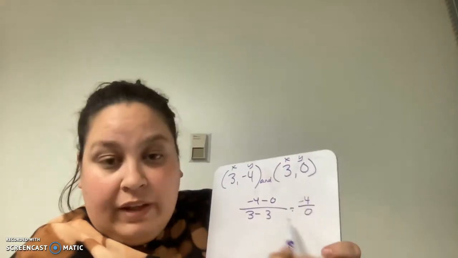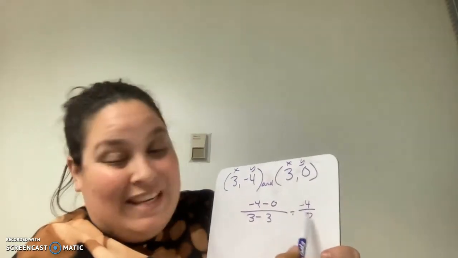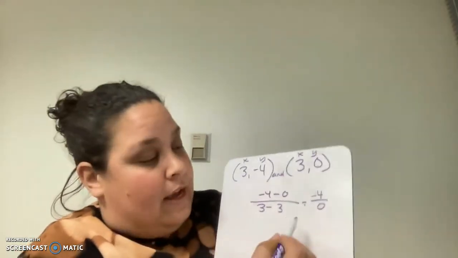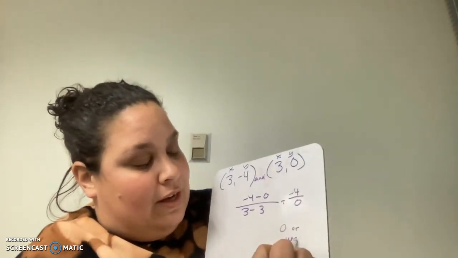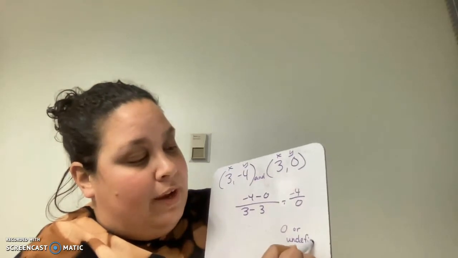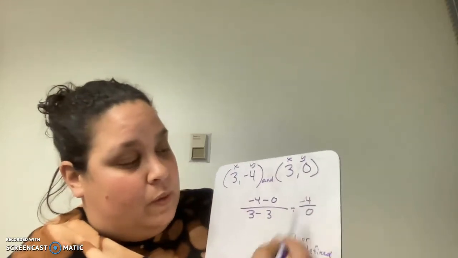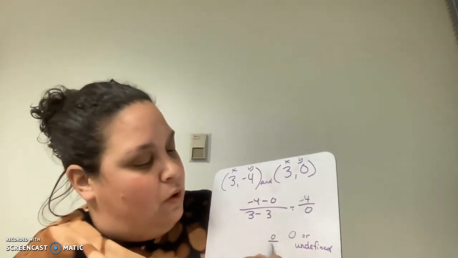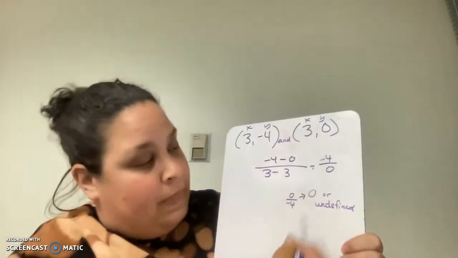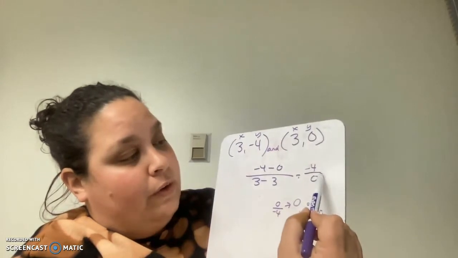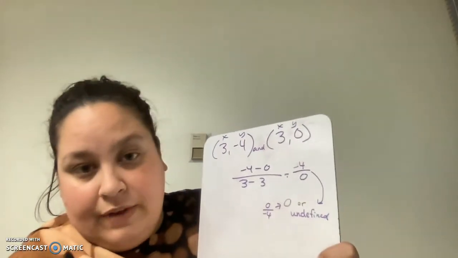Remember, I don't want to leave my answer like this. If I have a 0 in my answer, I either have 0 or undefined. Remember, it's 0 if the 0 is on the top. So if I had 0 over -4, then it would equal 0. But if I have -4 over 0, it is undefined.